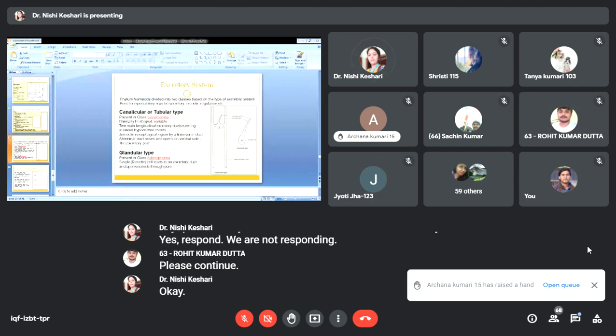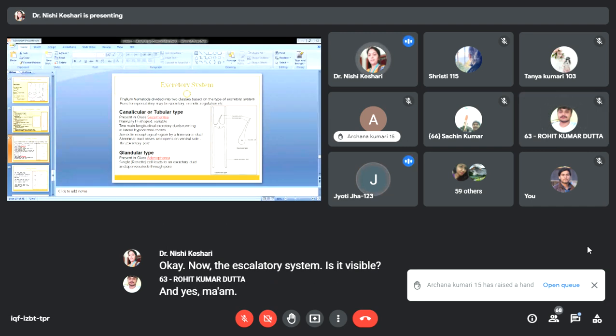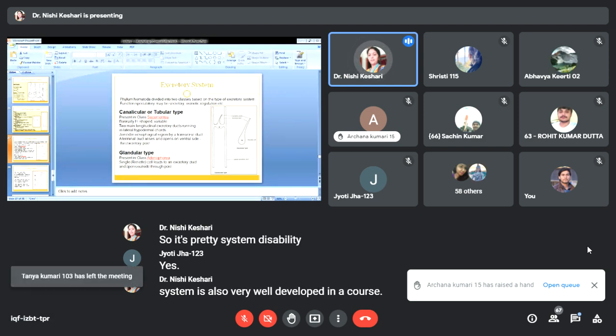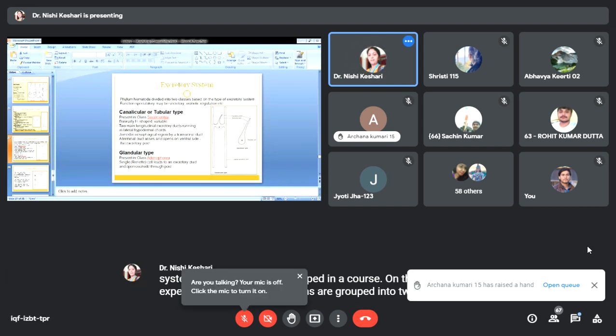Okay. Now the excretory system. Is it visible? Yes, ma'am. So the excretory system is also very well developed in nematodes, and on the basis of the excretory system, the nematodes are grouped into two groups, two classes.